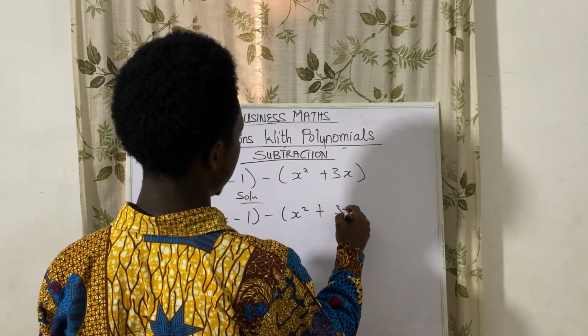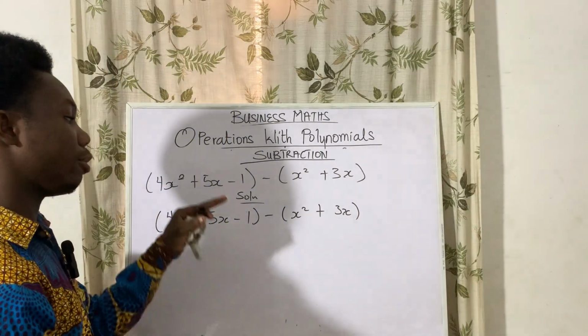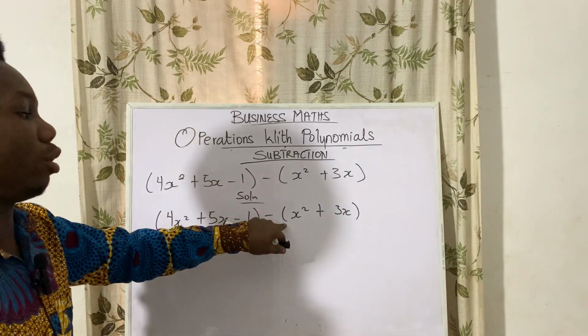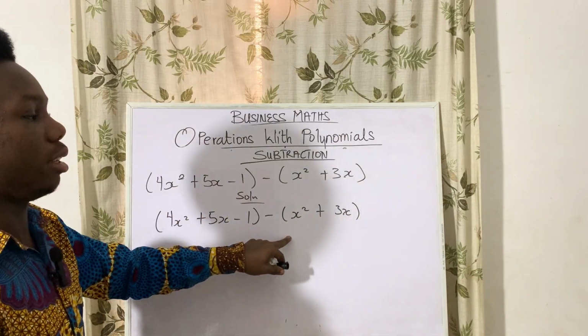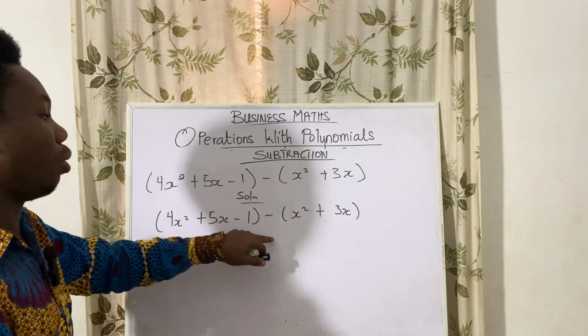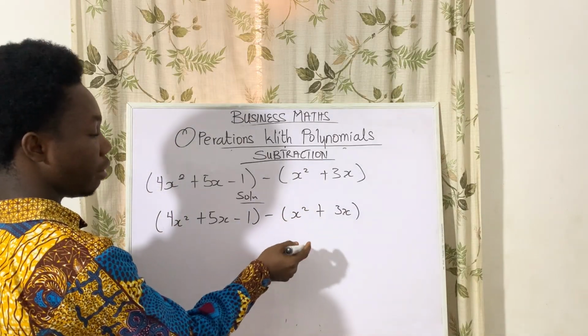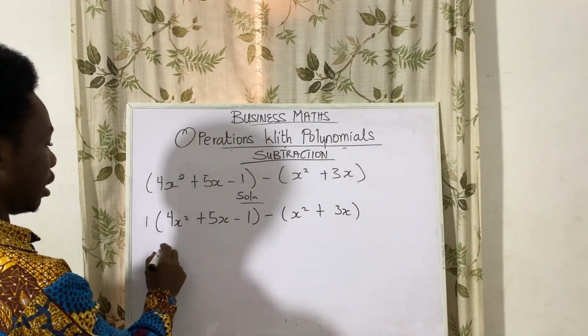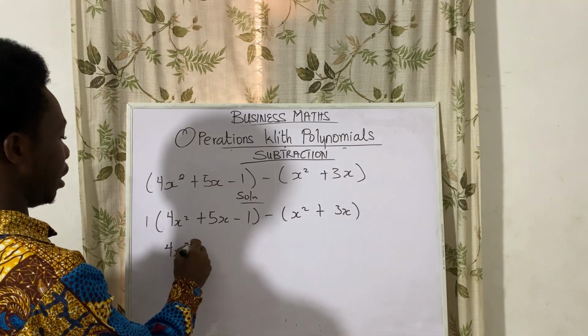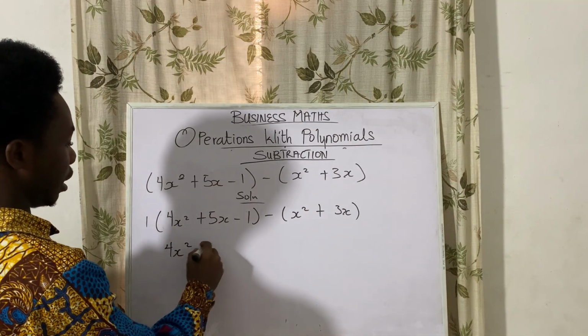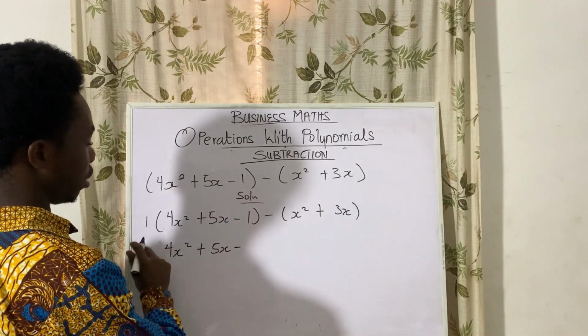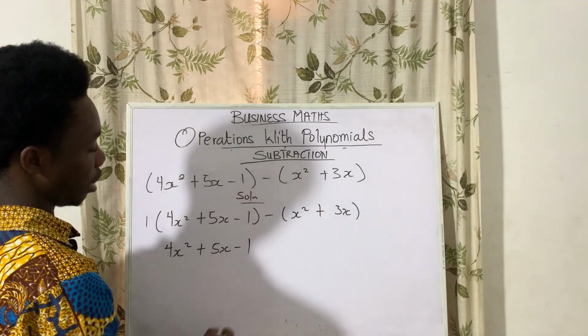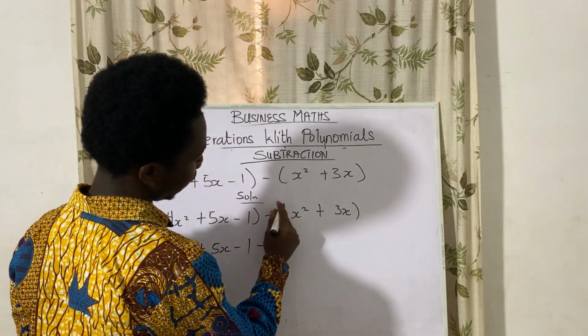Remember, whenever you see a negative sign in front of a bracket, it means there is 1. Or when you see in front of every bracket there is 1 invisible. So 1 times this, you are going to get 4x plus 4x squared plus 5x minus what? This, you are going to get minus 1. Now this negative, we have negative 1.